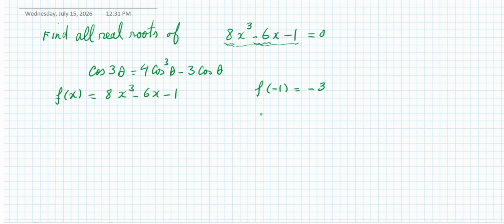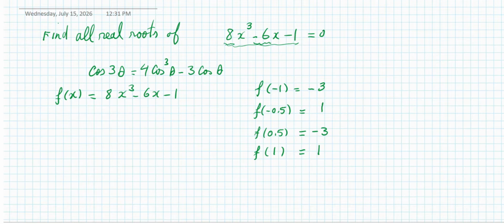Then we find f of minus 0.5, and f of minus 0.5 is 1. We find f of 0.5, which is equal to minus 3. And finally, we find f of 1, which is equal to 1.